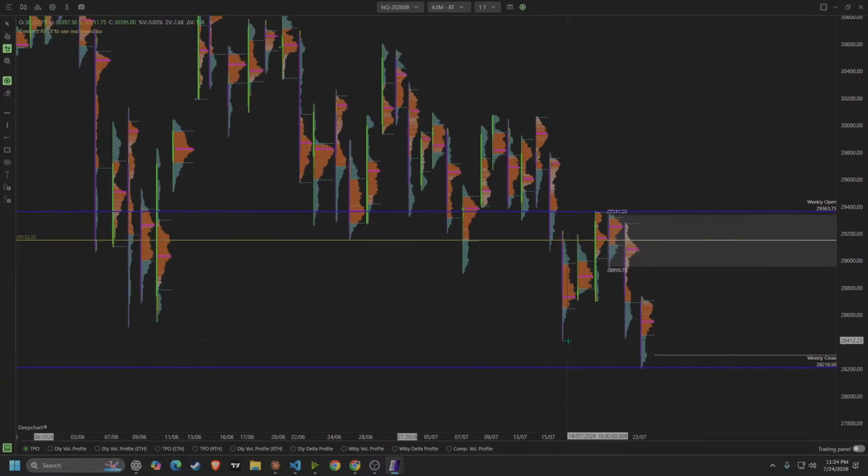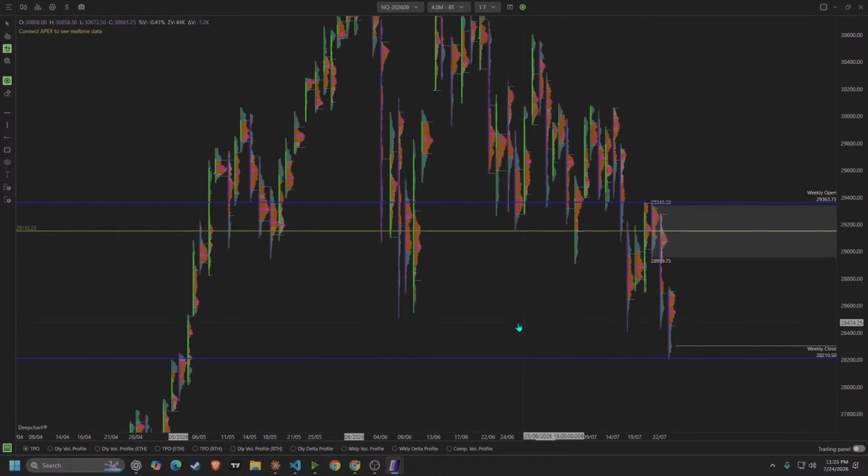We dropped down to this low. Almost broke it. Retraced back to the value area low and then continued to travel downward.